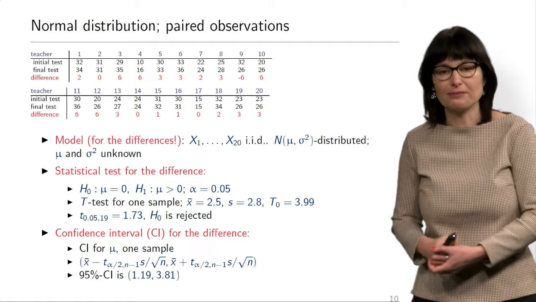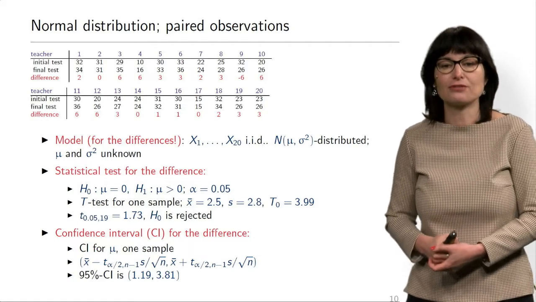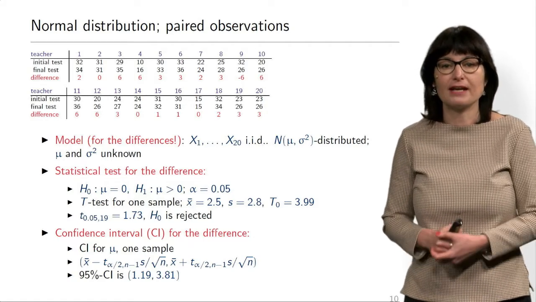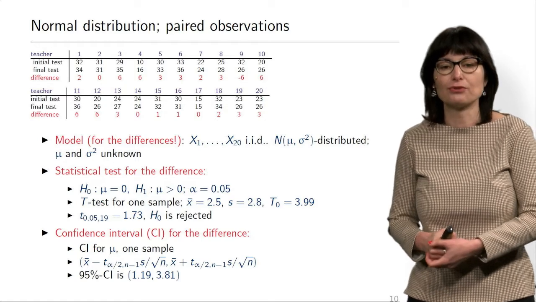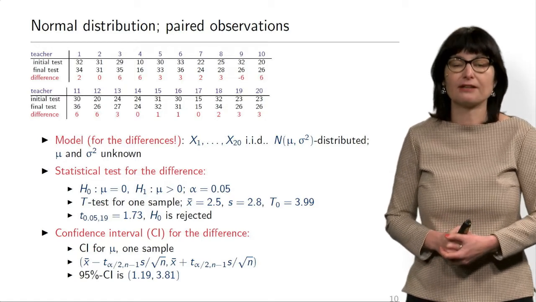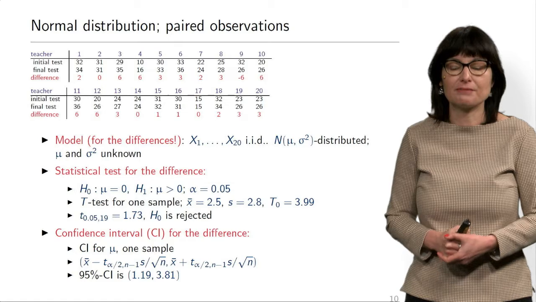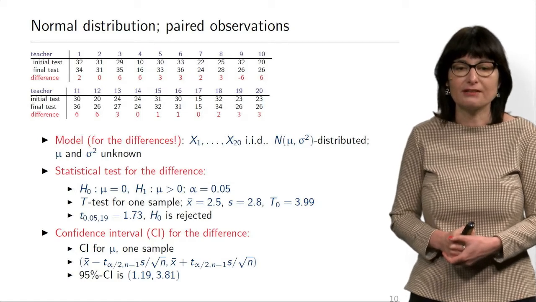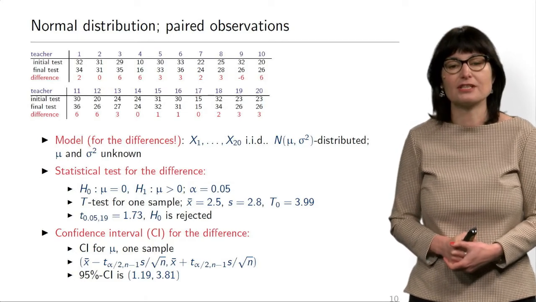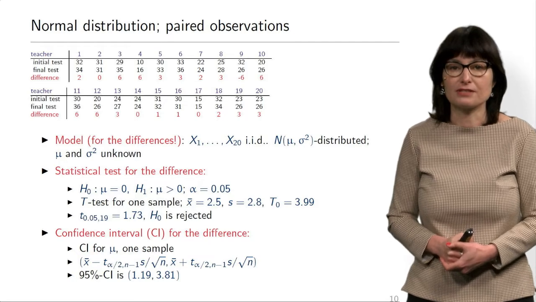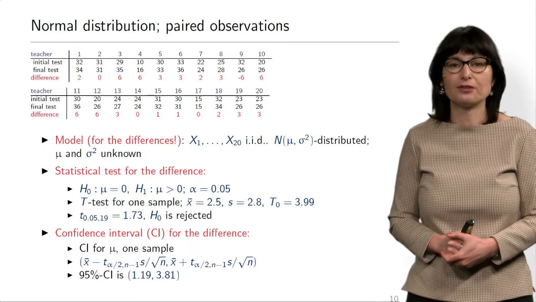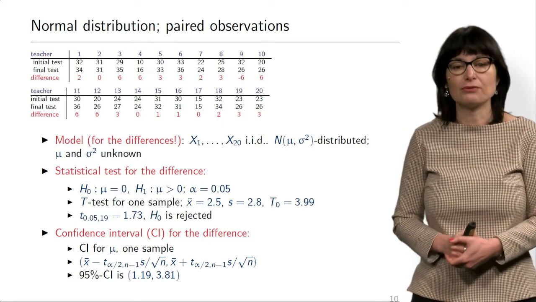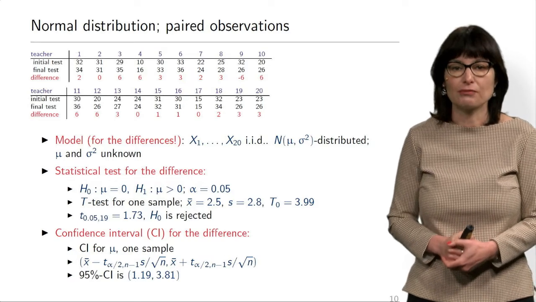These are 13 different bars. So that would be the situation of two independent samples. And then we have to use the inference for two samples. But here we have dependent observations. They are paired observations, and therefore we have to consider the differences. So that is a very important point to realize when you set up your model and when you choose what method to use.